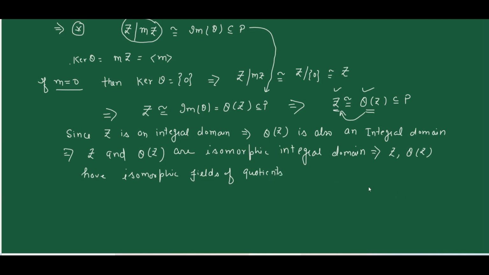So let me throw some light on the concept of field of quotients. However, this is a very important and separate case, but let me show you some glimpses of the field of quotients.